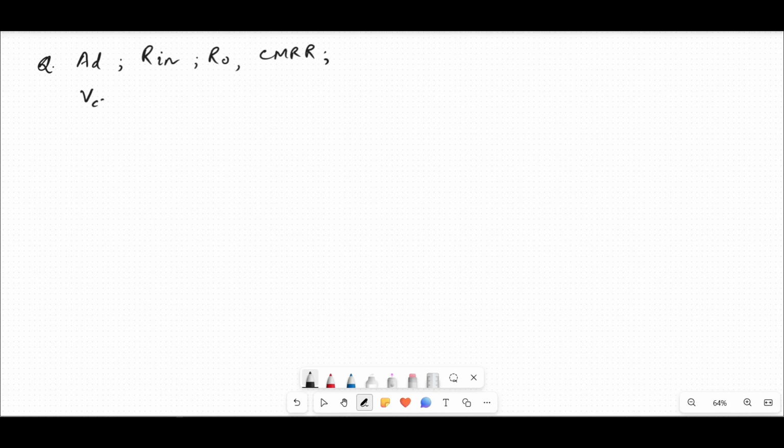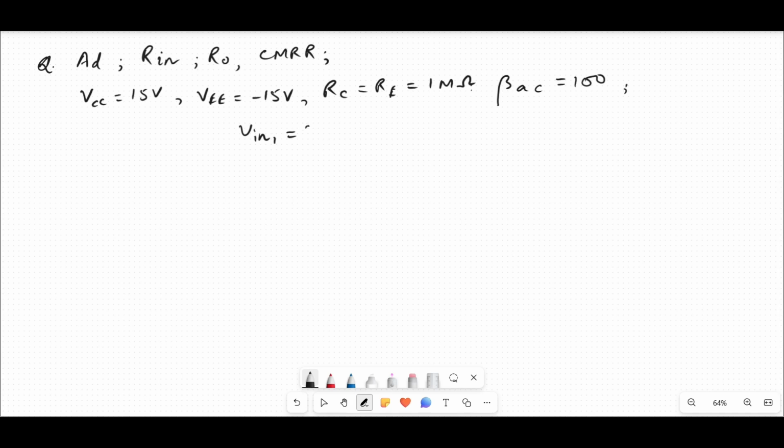Considering the values are given as VCC 15 volt, VEE minus 15 volt, RC equals RE equals 1 mega ohm and beta AC equals 100, determine the numerical for Vin equals 0 and when Vin equals plus 1 millivolt. So let's determine the solution.